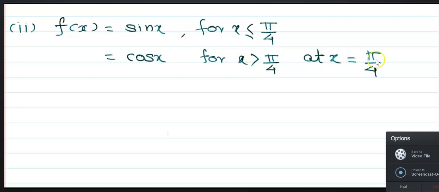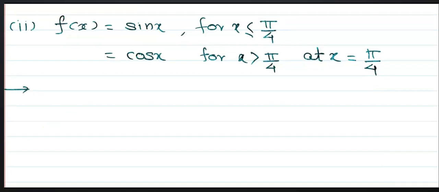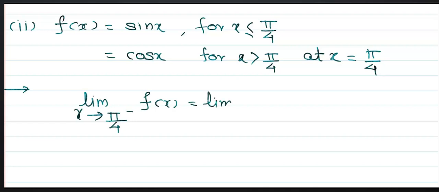And also the value of the given function at x is equal to pi by 4. For that, here it is less than or equal to. Therefore, to find out the value of the function, we take here sine x. Now see this here. Limit x tends to pi by 4.